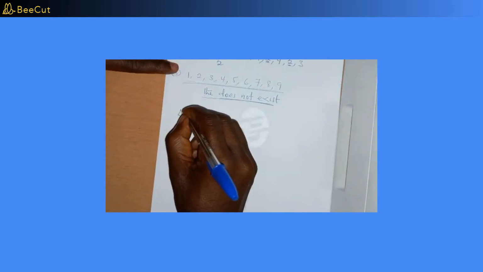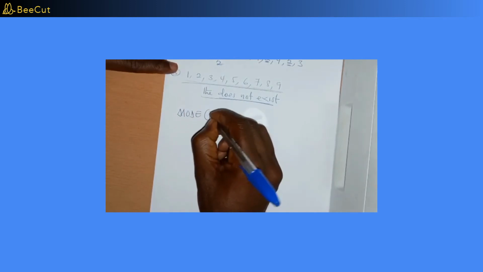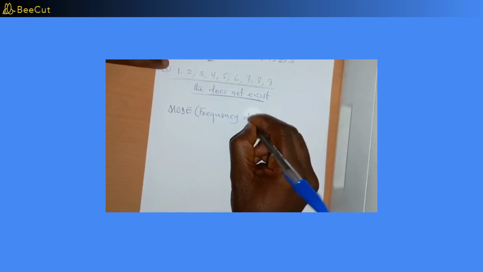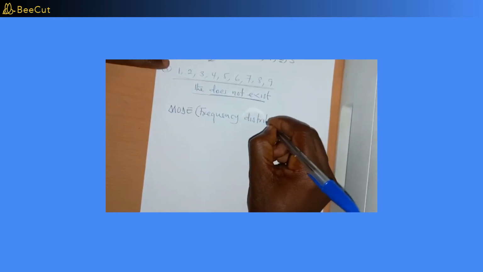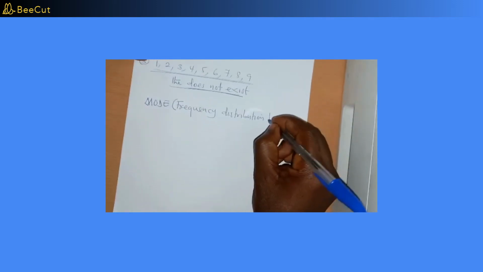And so we have the mode, in brackets, frequency distribution table.